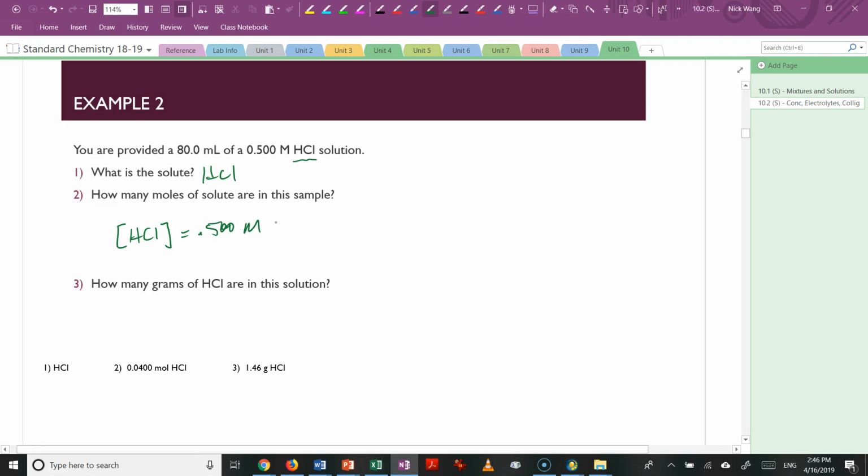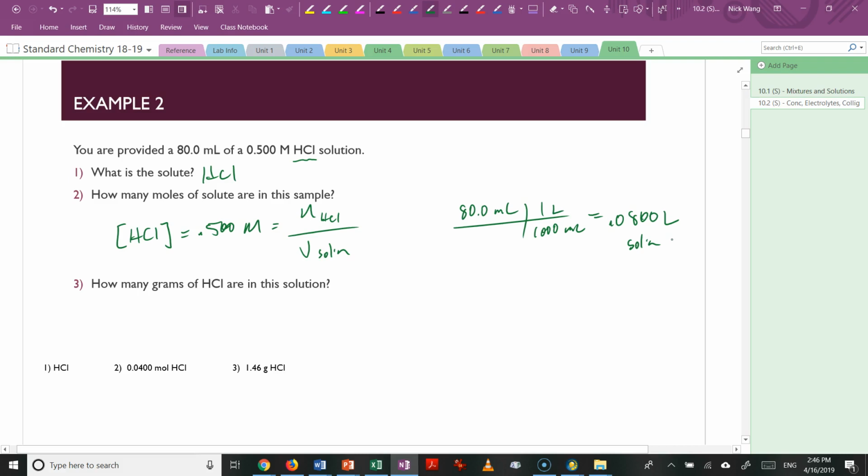But of course, that's also equal to the mole amount of HCl divided by your volume of solution. Now, unfortunately, even though we are given a volume of solution, we can't stick 80.0 directly in because that's in milliliters. We have to convert that to liters, so 80.0 milliliters is going to be 0.0800 liters of your solution.